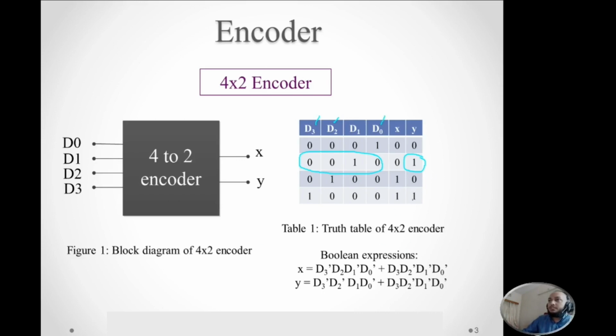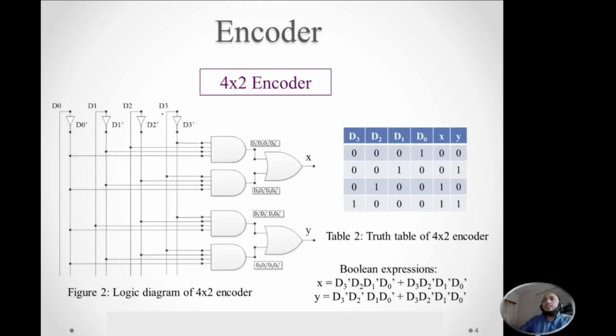And for this, since y is 1 here, we can write d3, d2 prime, d1 prime, d0 prime. So these are the products, and after that you need to sum them.